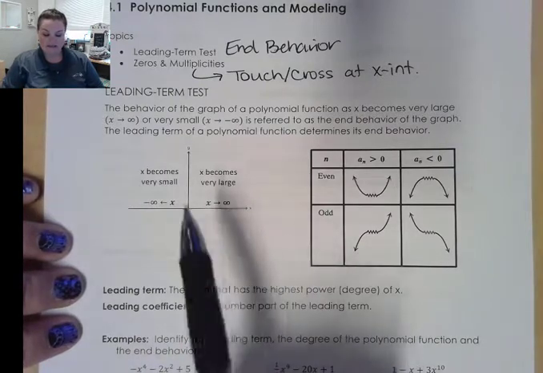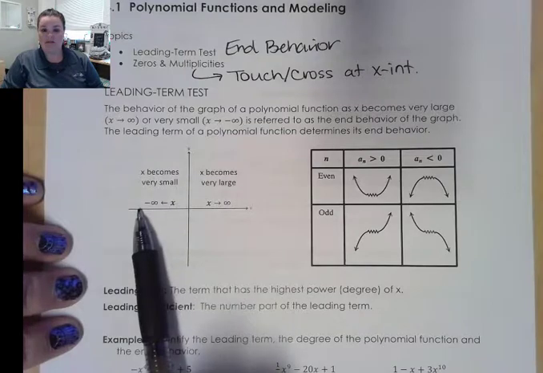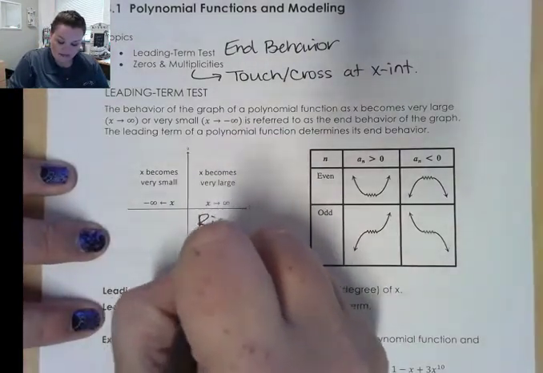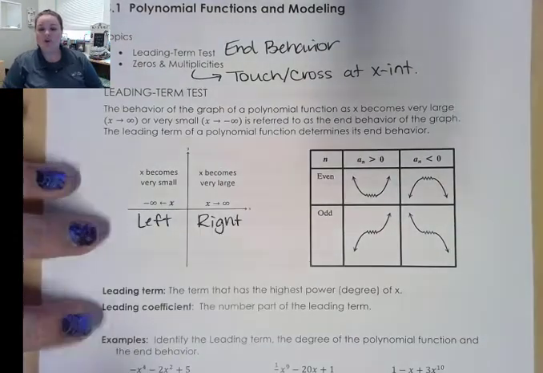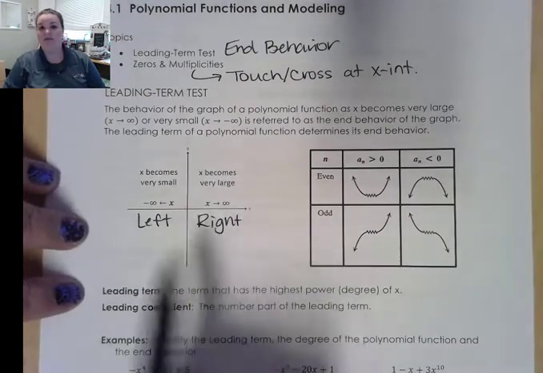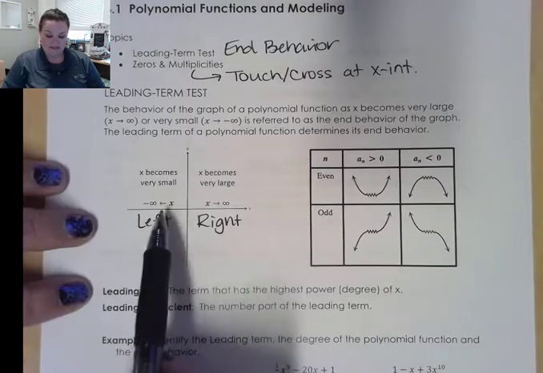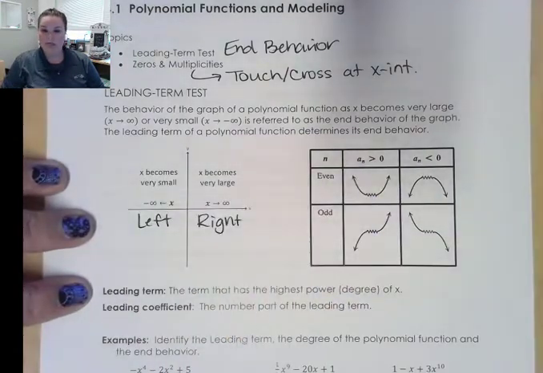So it's going to tell us what's happening as x goes to infinity and as x goes to negative infinity. Now in English, we just mean this is like in the right direction and in the left direction. So if in your homework it says, determine the behavior as x goes to infinity, that just means what's happening out on the right side, right? If it says as x goes to negative infinity, that means we're looking in the left direction, okay?